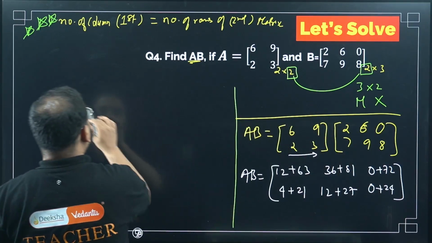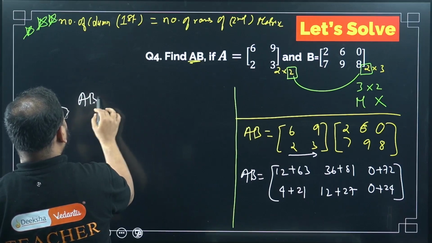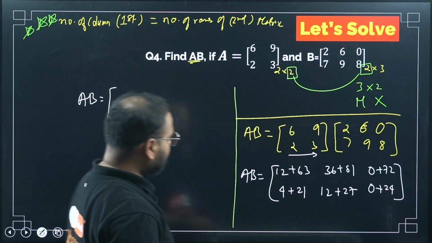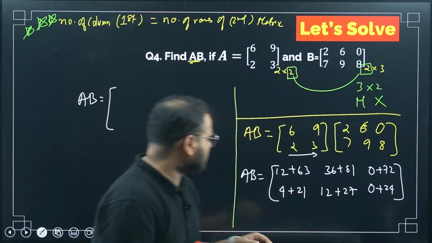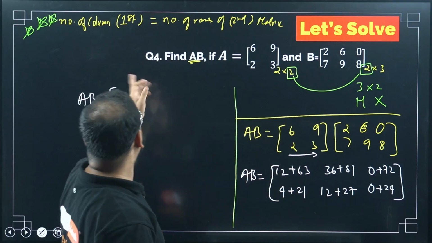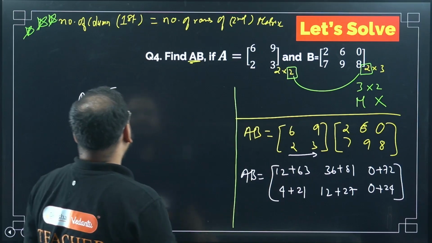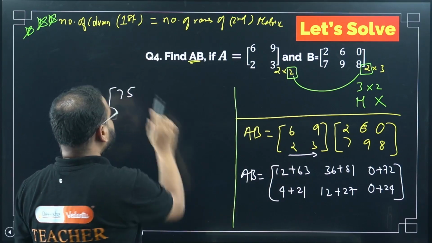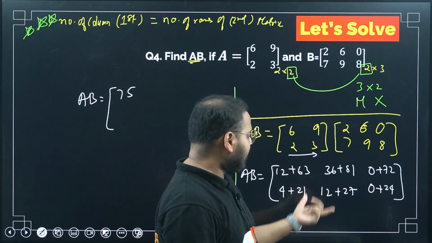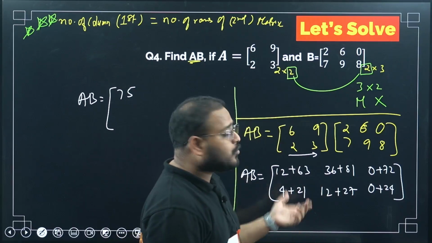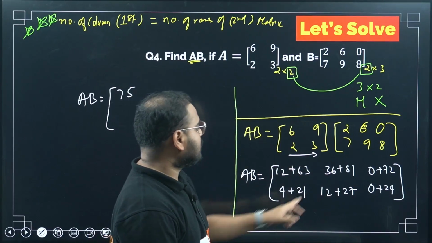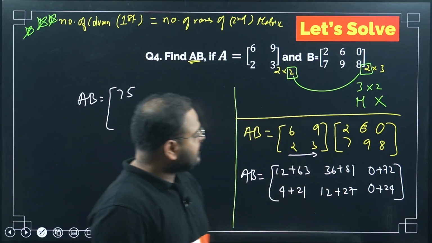How can I write the matrix AB now? Please add and let me know. Okay, if I'm making a mistake, comment your answers. Okay, 63 plus 10 is 73 plus 2, 75. I might make a calculation mistake. I'll try not to, but if I do, comment below and give me the correct answer. 6 plus 1, 7. 7 and 11.